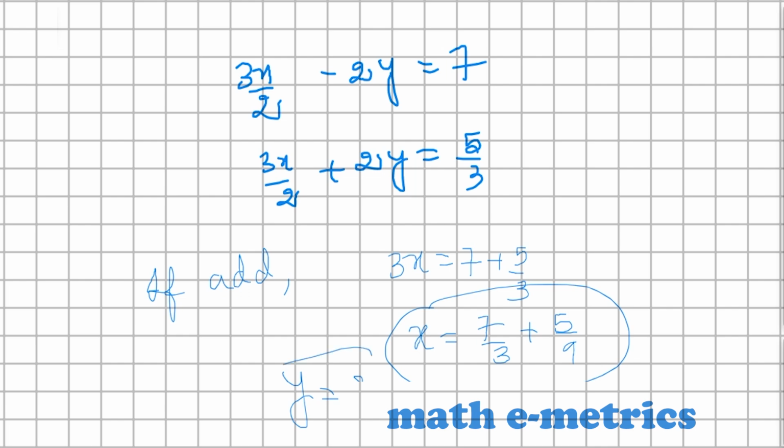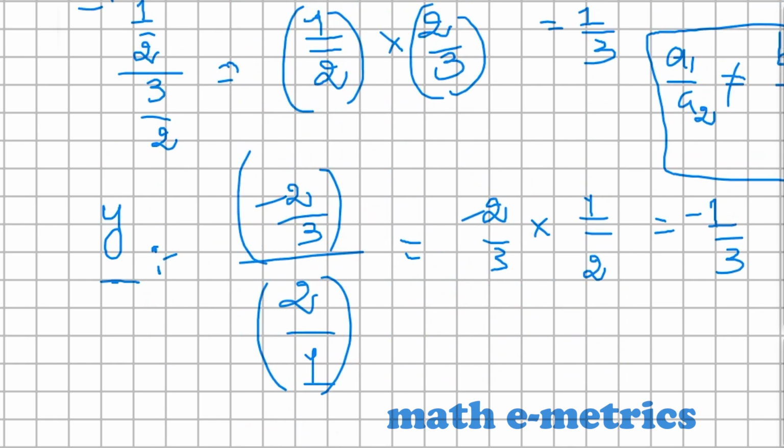If we know x equals 7 over 3 plus 5 by 9, then we can just input it back into the equation. Yeah, you put the value of x in any equation, you get y. So elimination is the convenient method.